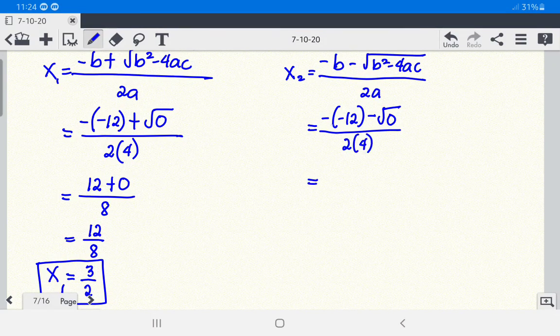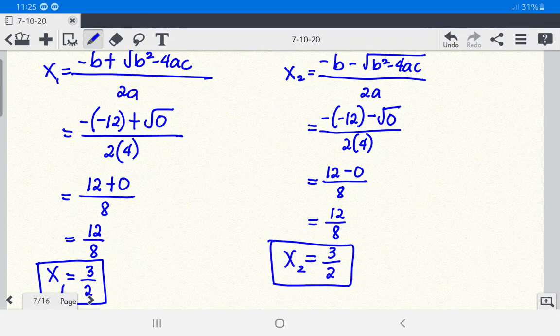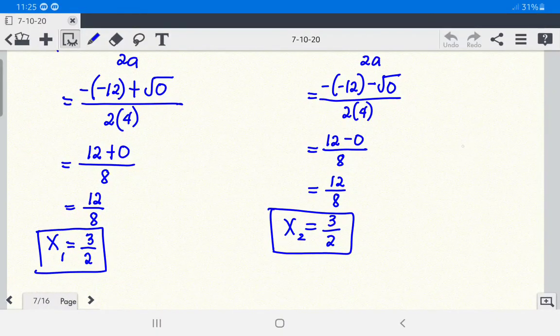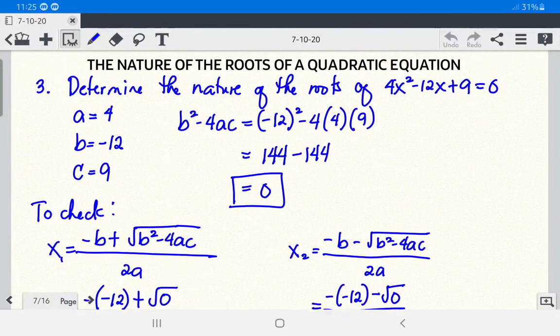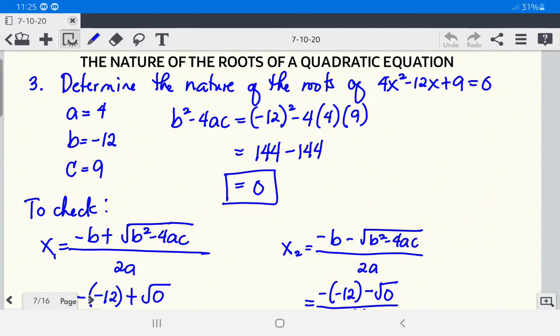Okay. Negative 1 times negative 12, we have positive 12. Then minus 0 over 2 times 4, we have 8. Then we have 12 over 8. Now, lowest term is the same, 3 over 2, right? So, notice that the roots or the solutions are the same. So, the discriminant is 0.